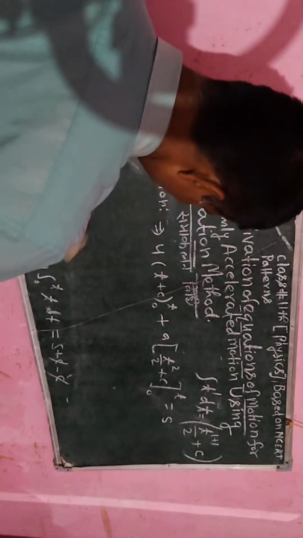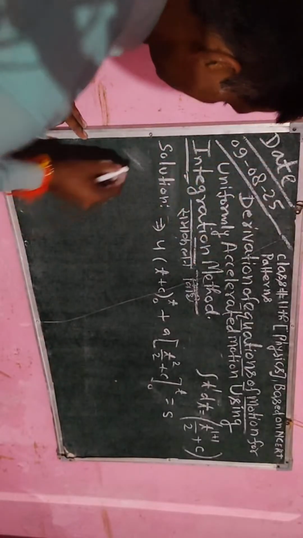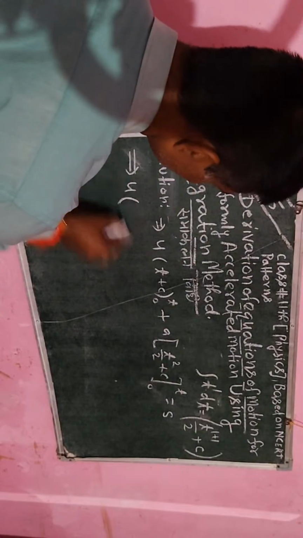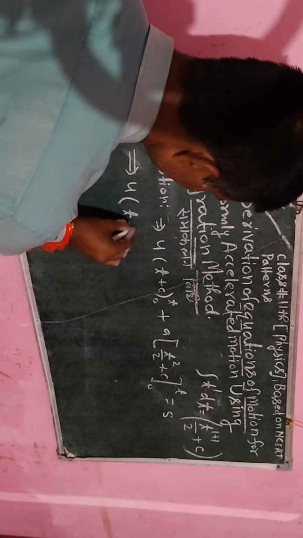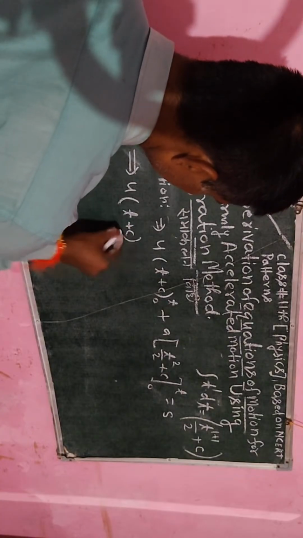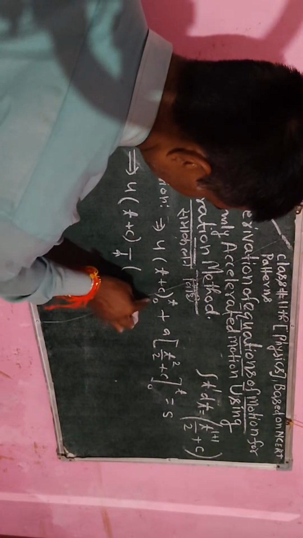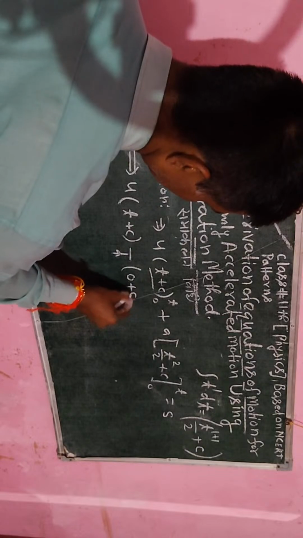Okay student, now further I am going to resolve the above question. So here I will put u, and the value of the upper limit, that will be t plus c, and then I will put a minus sign, and then I will put 0 in the place of t, that will be 0 plus c.